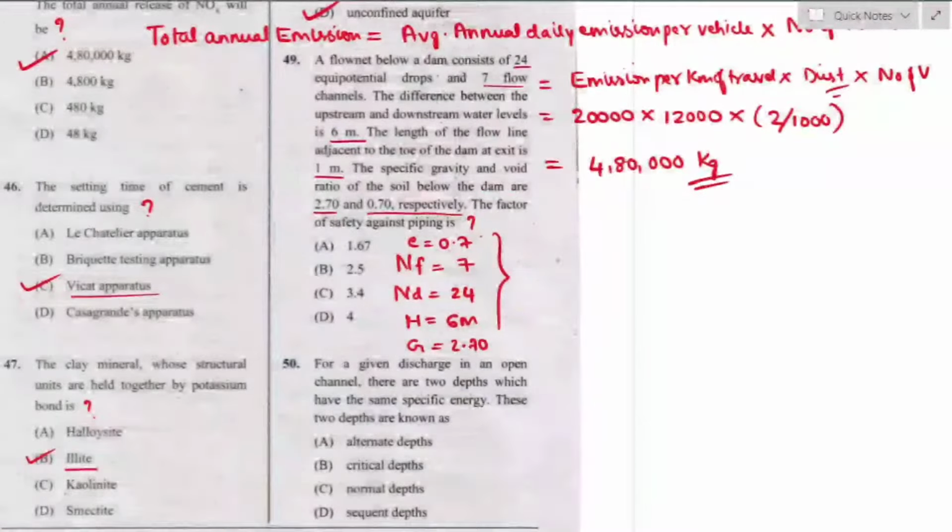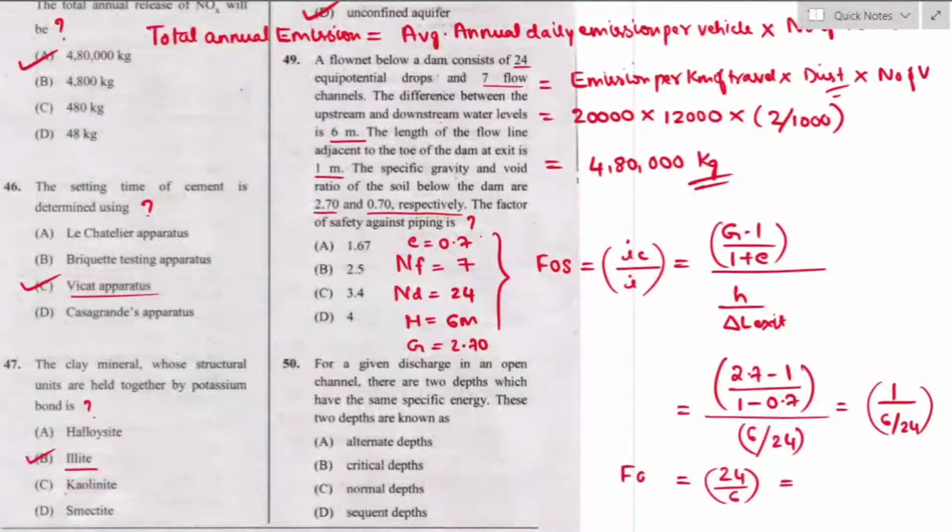These are the given data. So the factor of safety against piping is calculated by the ratio of critical hydraulic gradient to the exit hydraulic gradient, which is given by G. So the factor of safety against piping will be 4.6 fours. So the right answer is option D.